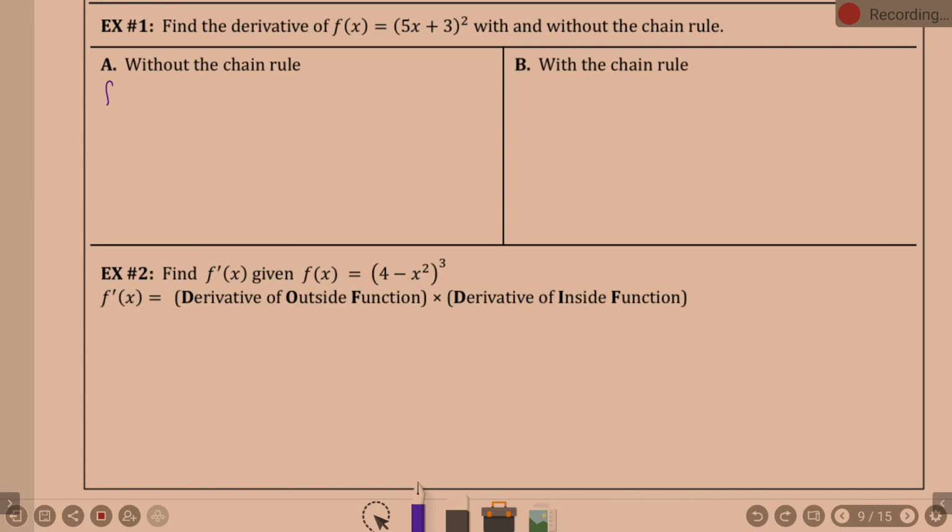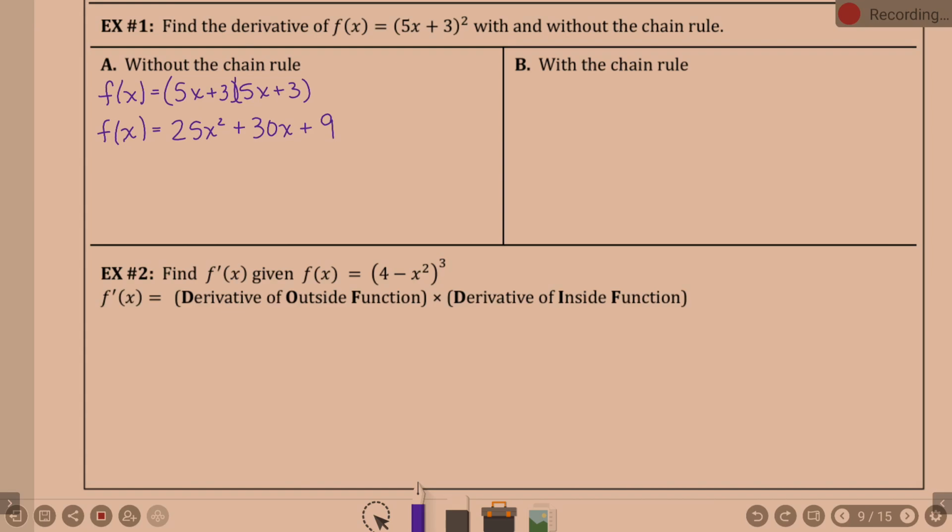So f of x is 5x plus 3 times 5x plus 3, and if I FOIL that out, I'm at 25x squared plus 30x plus 9.